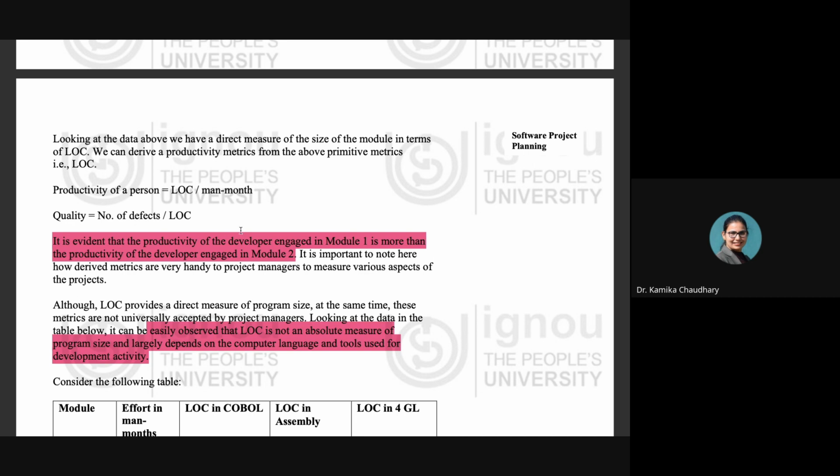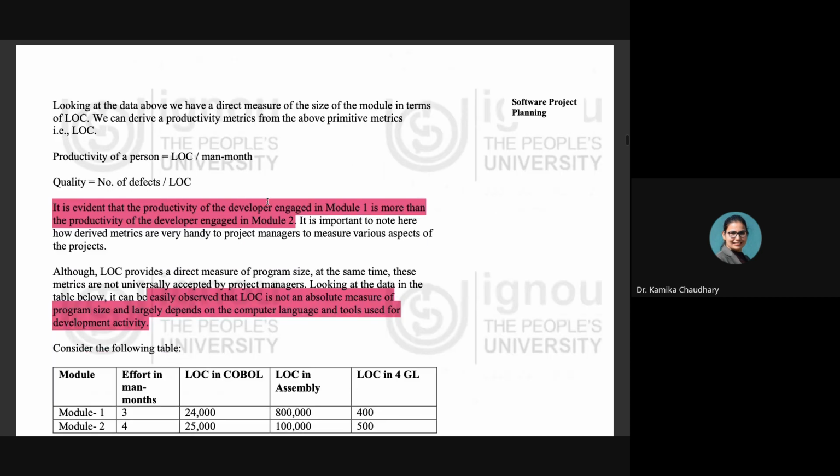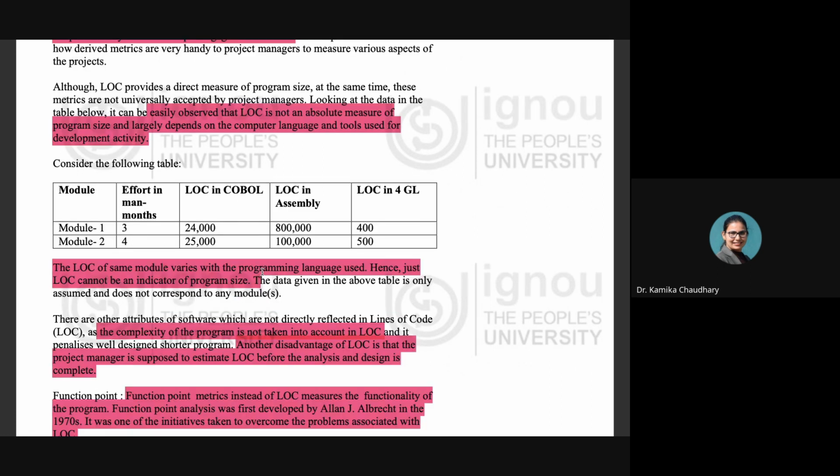It has been seen that when the languages used for the development of the software project change, the lines of code also vary. It is not the case that the lines of code remain the same whatever language is used for the development of the project.